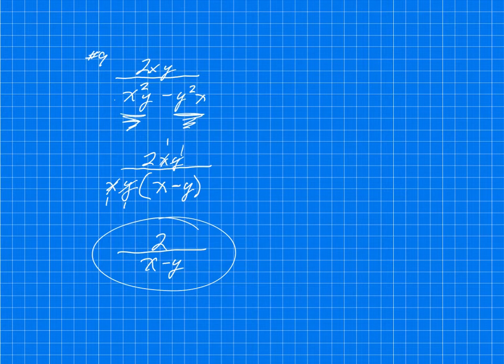Number 12 is your first question that actually has an opposite in it, so be warned. Pause this for a moment, put number 12 on your paper, and see if you can solve it.